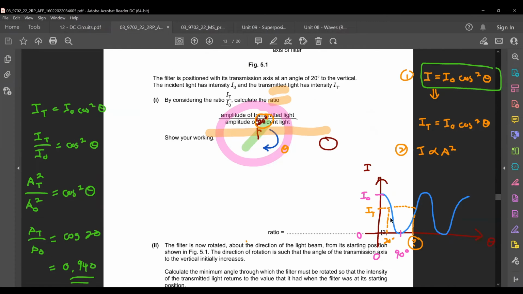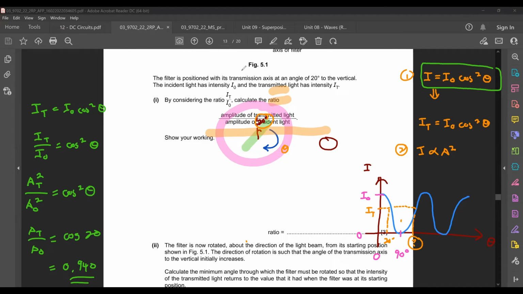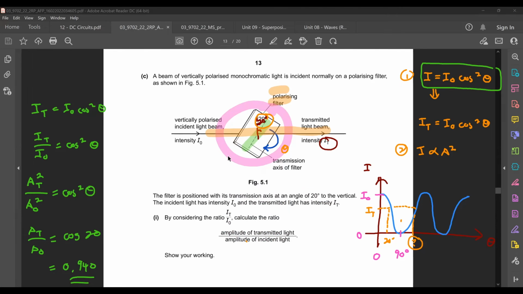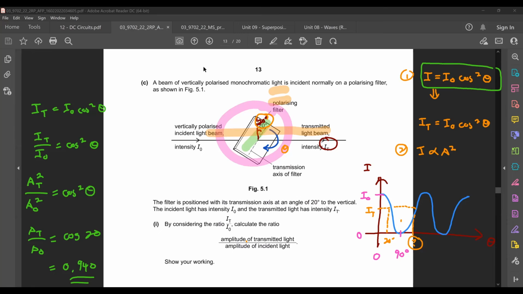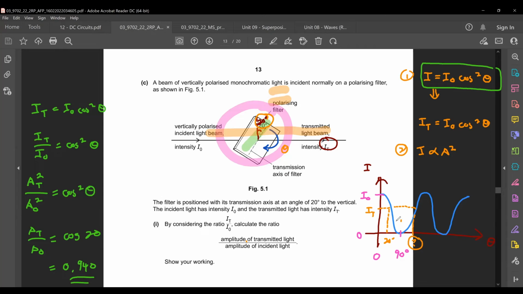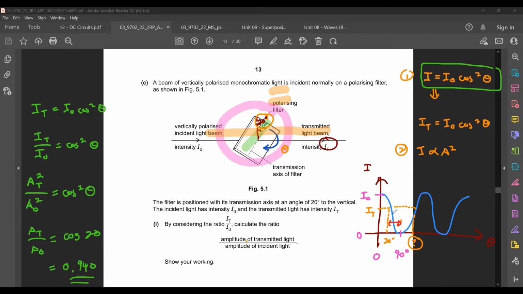If this one is 20 degrees, this part here would be 70. This one here will be 70 degrees. This part here will be 20 degrees. But then from here to here, this one is 140 degrees.